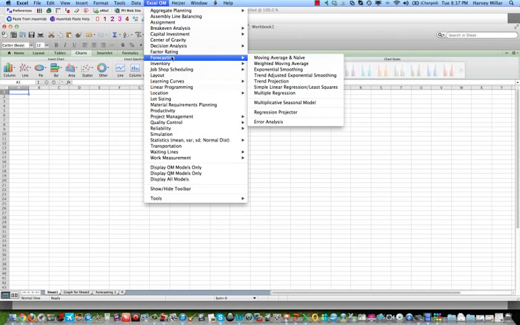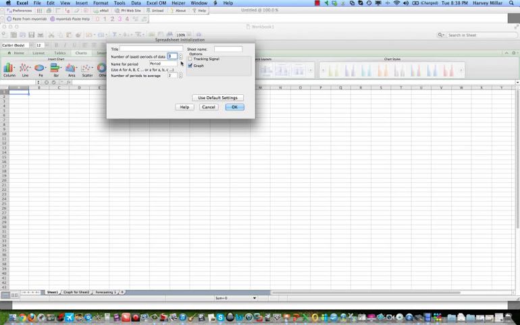In our case, we're interested in forecasting, so you could see we could do a simple moving average, right? Or we could do a weighted moving average. Now, you could always turn a weighted moving average into a simple moving average if you ensure that all the weights are exactly the same. And so why don't we just select an example here for weighted moving average.